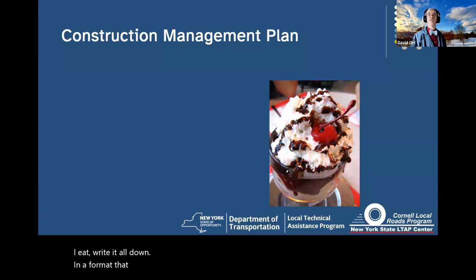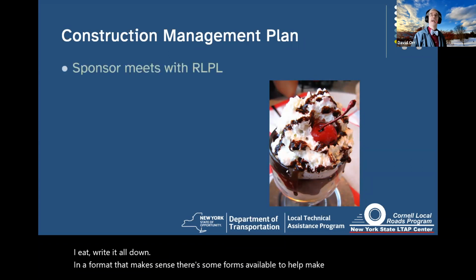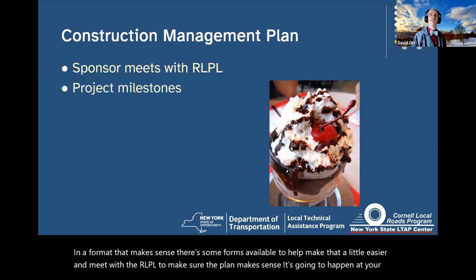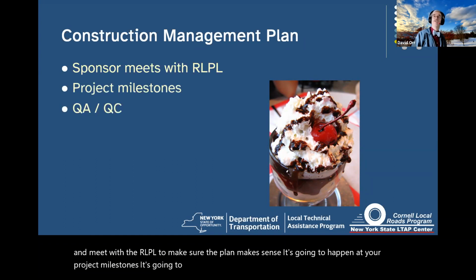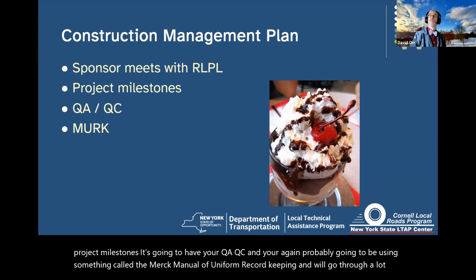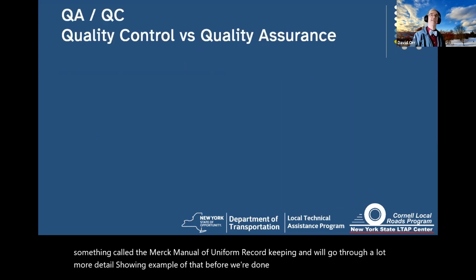There are some forms available to help make that a little easier, and meet with the RLPL to make sure the plan makes sense. It's going to have in it your project milestones. It's going to have your QA, QC, and again, you'll probably be using something called the MURK, the Manual of Uniform Record Keeping. And we'll go through a lot more detail. I'll show you an example of that before we're done here in about 15 minutes.